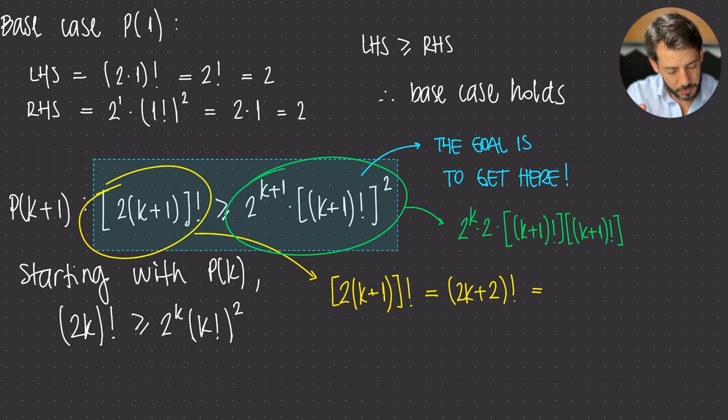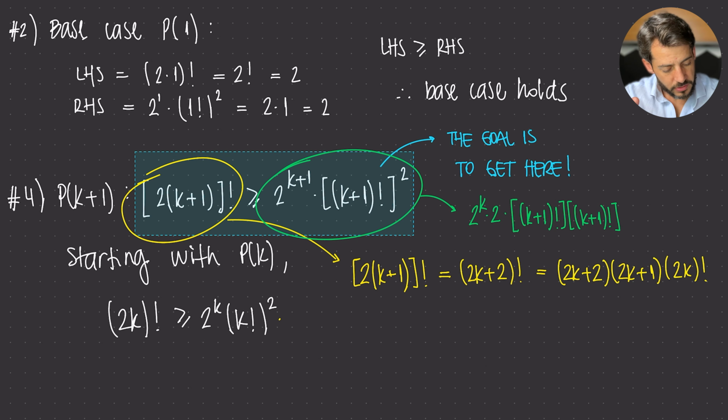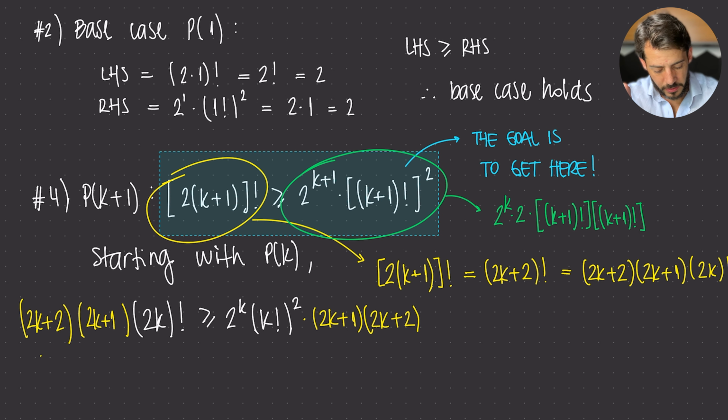Given that 2k plus 2 factorial is the same as 2k plus 2, 2k plus 1, 2k factorial, what we can do is to multiply both sides, so we don't break the inequality, by 2k plus 1, 2k plus 2. And again, as we do so, we get 2k plus 2 factorial on the left-hand side.